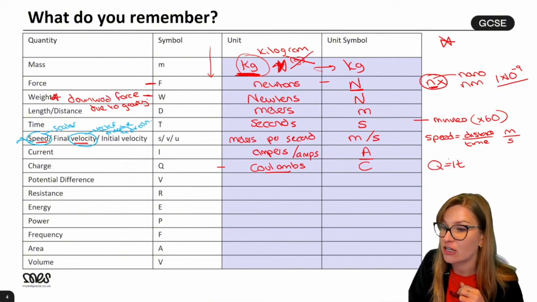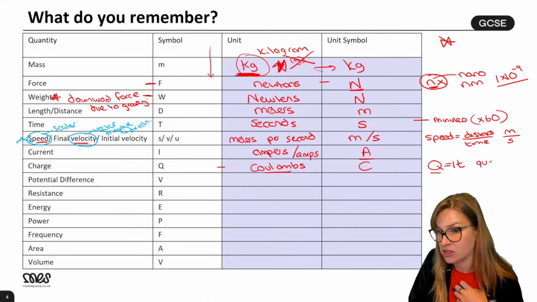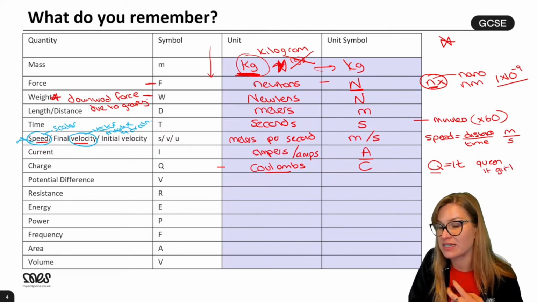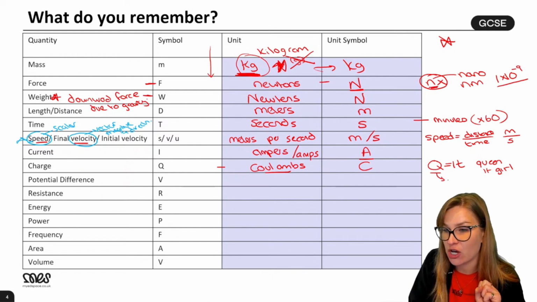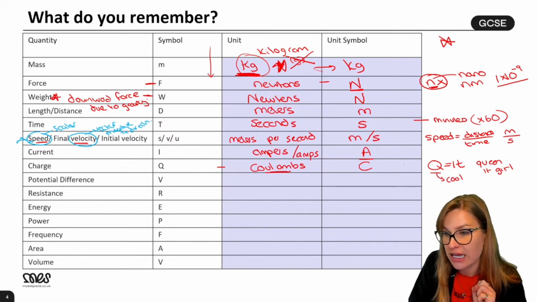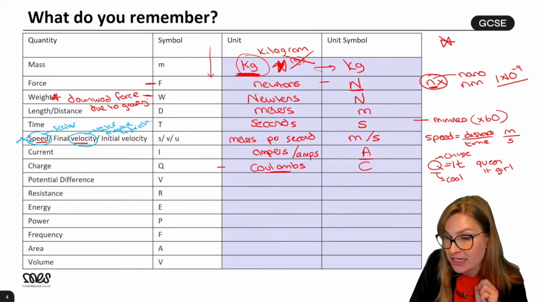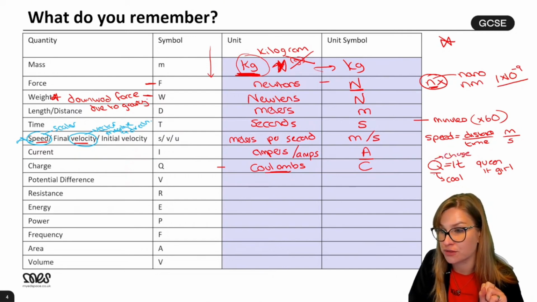Q stands for charge, like the queen. When I was in high school, the queen was in charge of the country. The queen is the it girl, so she is cool. That's why it's measured in coulombs.